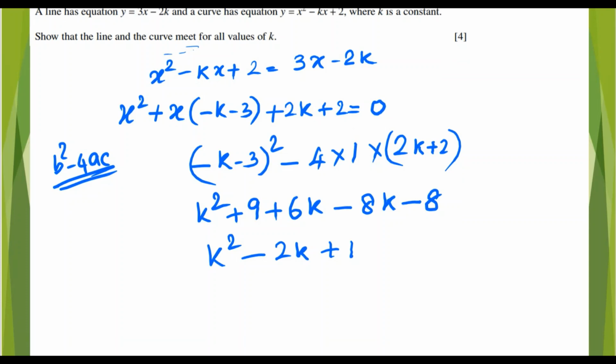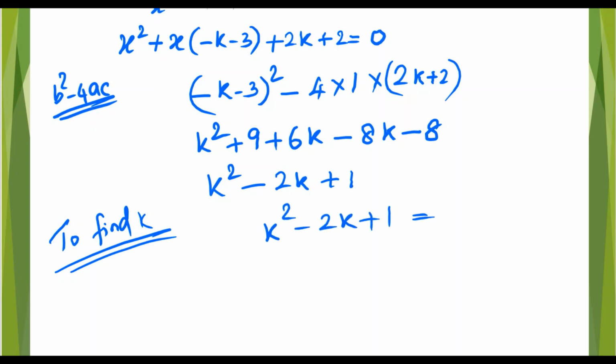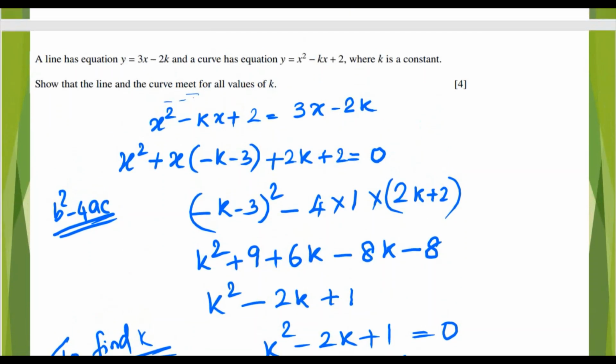To find the value of k, let us assume this is equal to 0. And we know this is (k minus 1) the whole squared. And we have to show that the curve and the line meet for all the values of k.